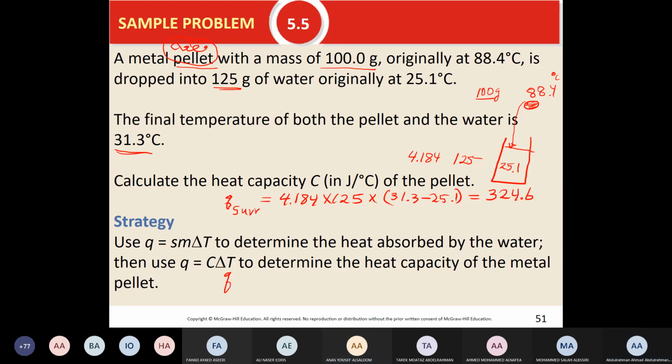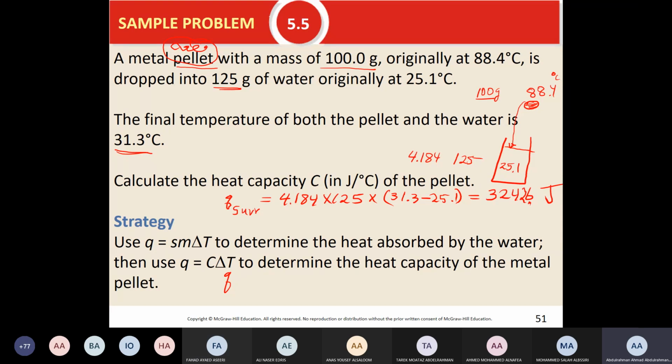What's the Q of system? 3242.6. Good. What's the unit? Joule. Okay.